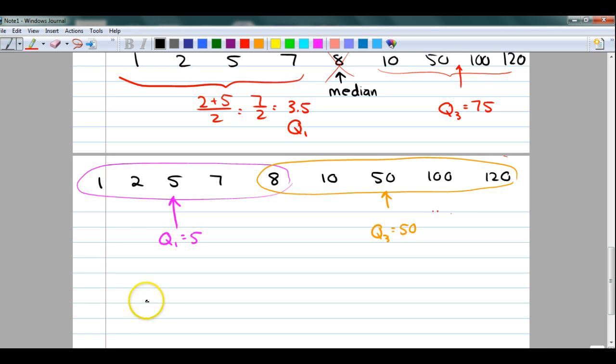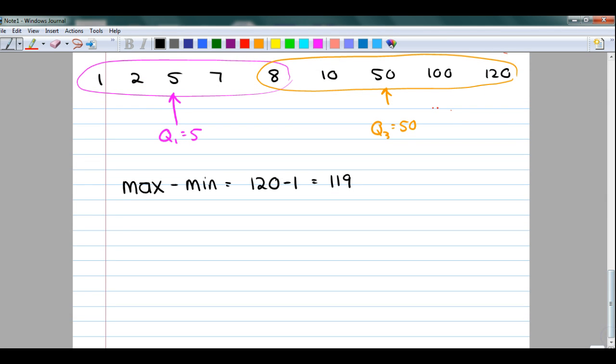Let's talk about range, because that's a little vague as well. In this problem, range would be the maximum minus the minimum. That's 120 minus 1, which is 119. Now, range should be how many units it takes to accurately depict your set of numbers. So let's look at a different sample.